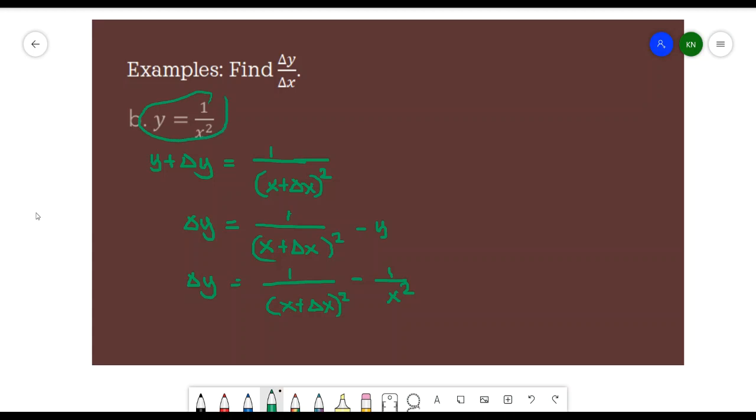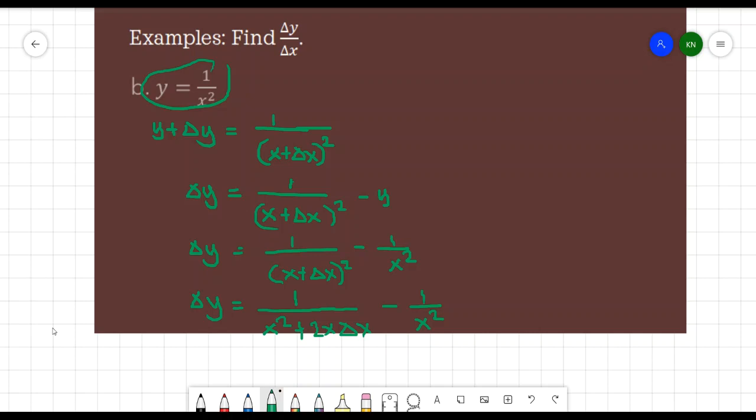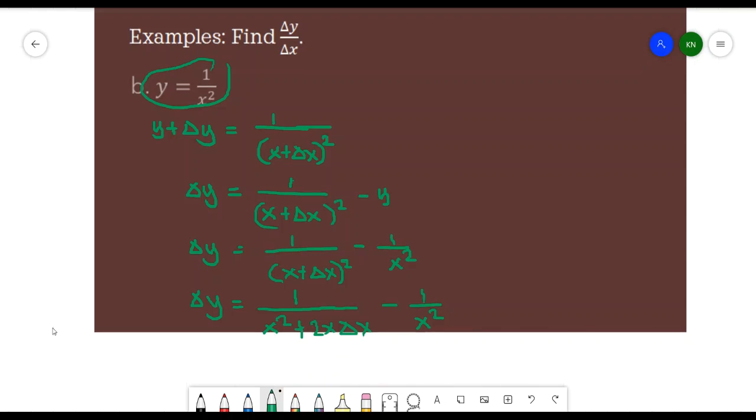So now we need to perform some operations to simplify the function. So we have x squared plus 2x delta x minus 1 over x squared. So after that, since we cannot cancel some terms here anymore, then we can just combine these fractions.